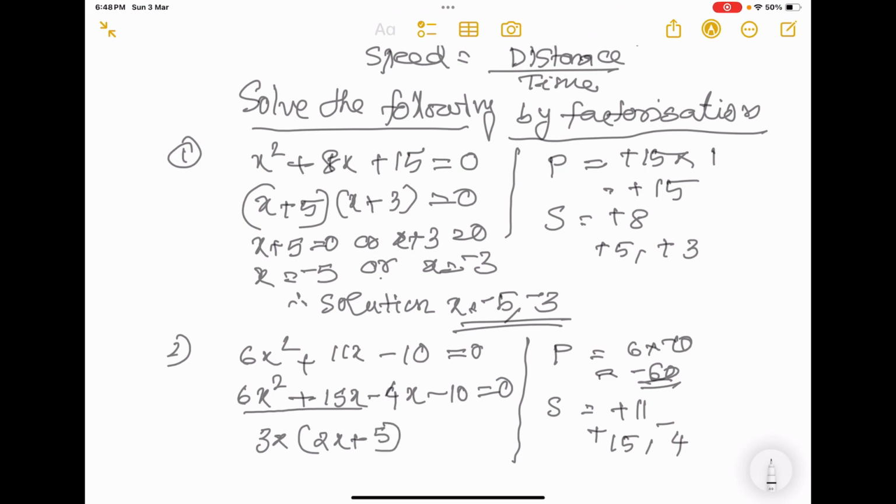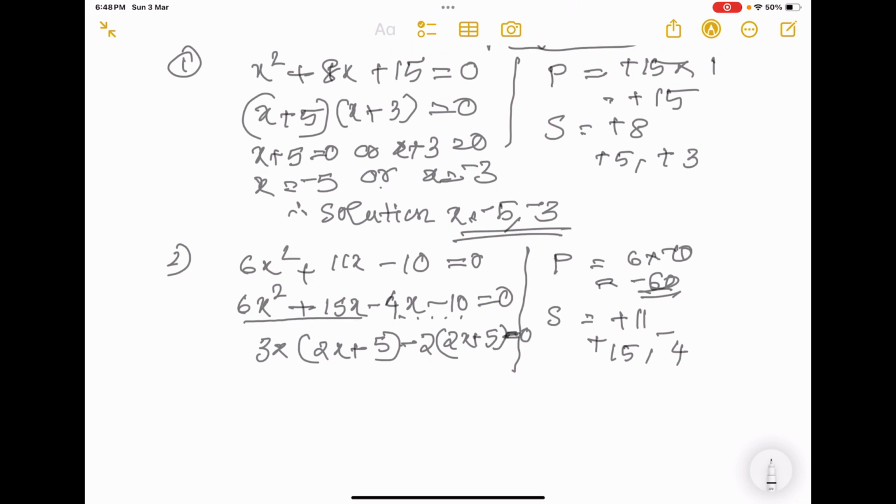From these two we can take minus 2 outside, then (2x plus 5) equal to 0. So again from these two you take the common outside: (2x plus 5) into (3x minus 2) equal to 0.